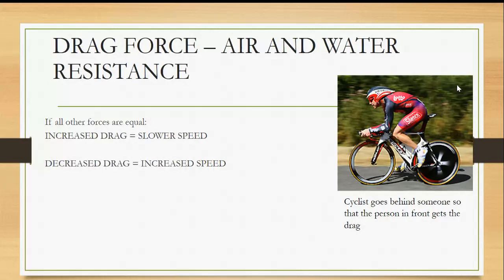If there is less air resistance, then you will be able to go faster. So there are ways that athletes can manipulate this in sport. Okay, drag or air resistance is affected by the shape of an object in motion, otherwise known as the cross-sectional area.